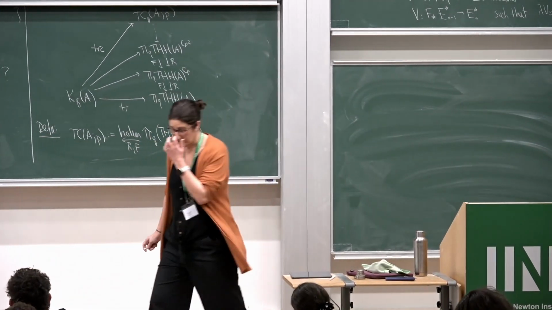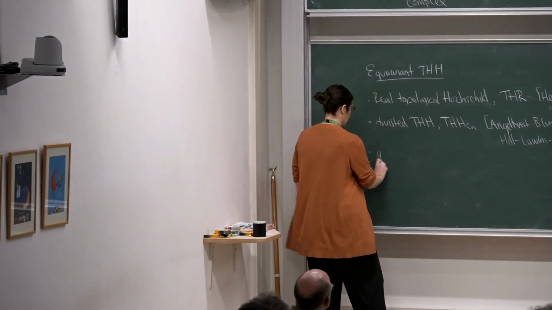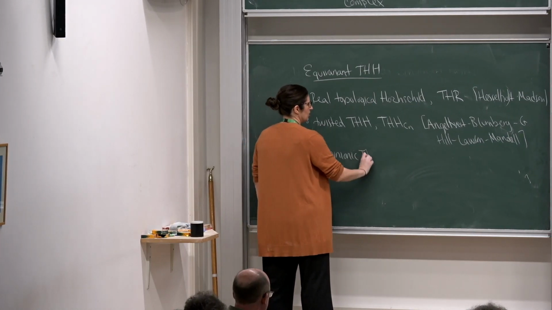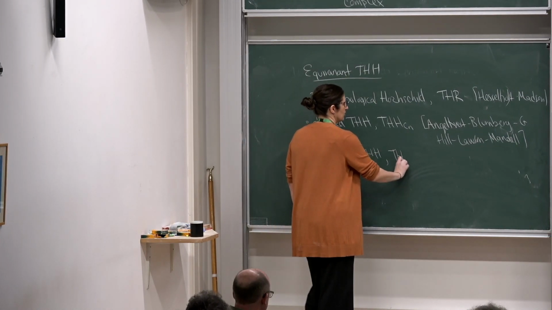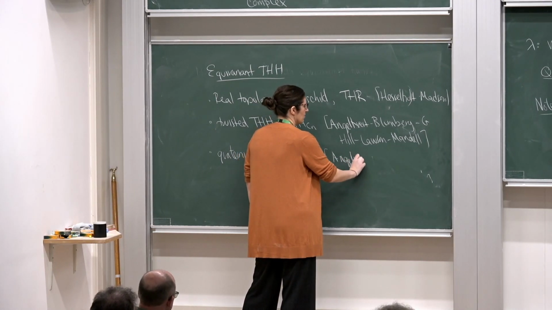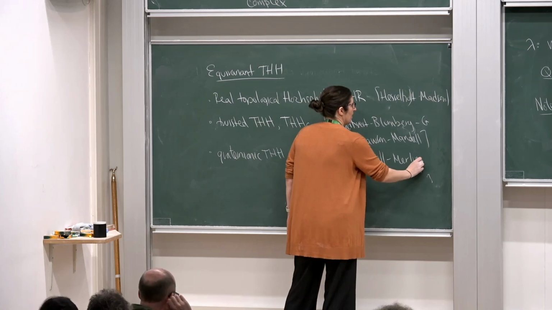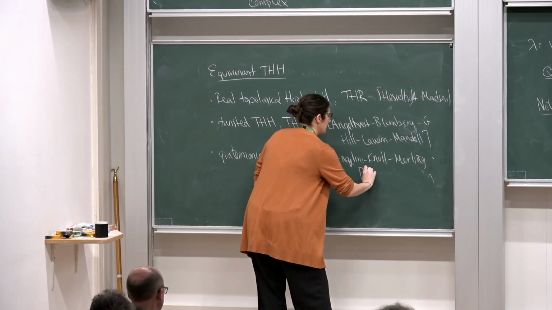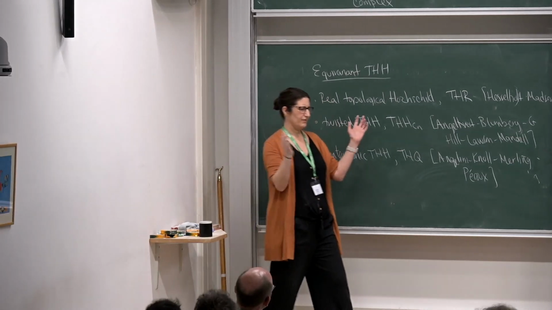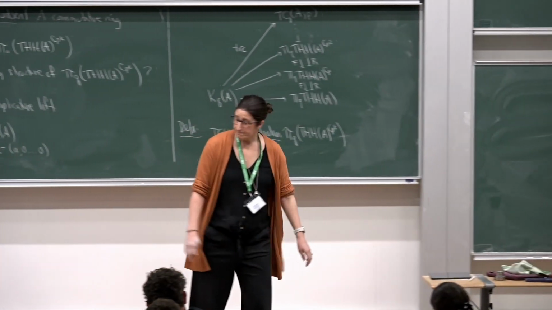For instance, there's a quaternionic THH, which is written THQ, in very recent work of Gabriel Angelini-Knoll, Mona Merling, and Maximilian Péroux. They actually develop a whole family of new kinds of THH. This is just one example of something that appears in their work.